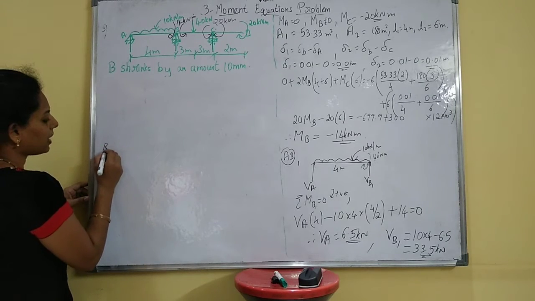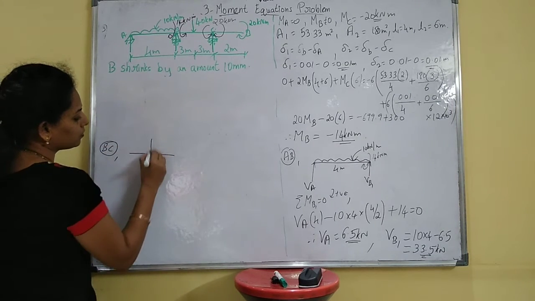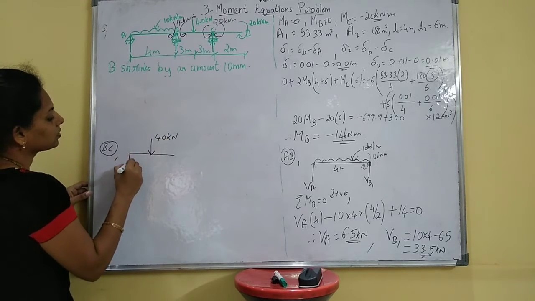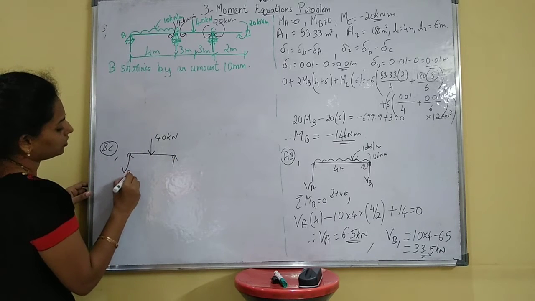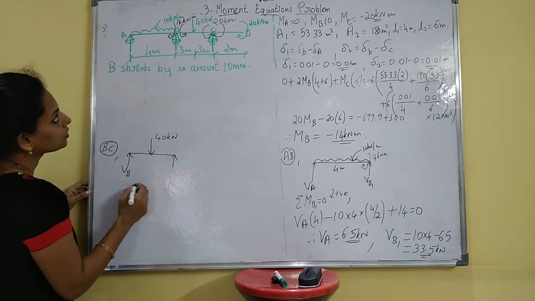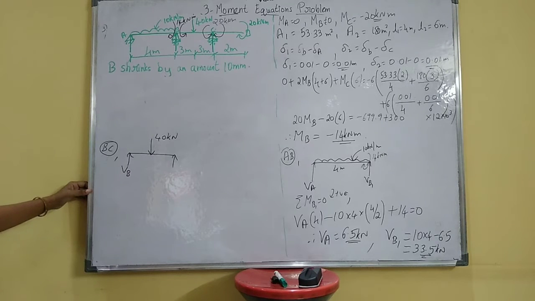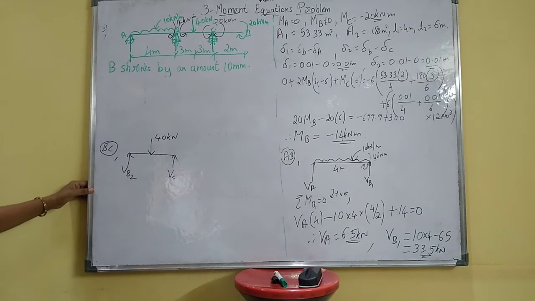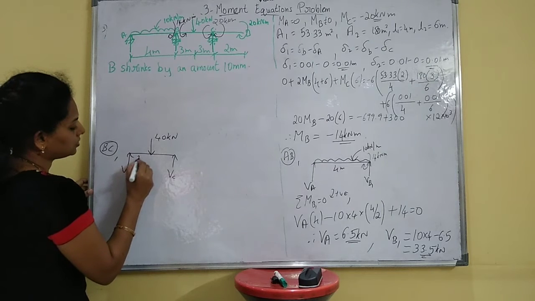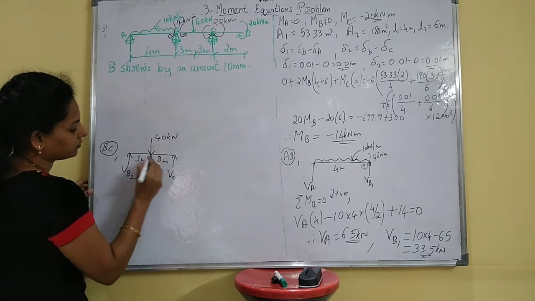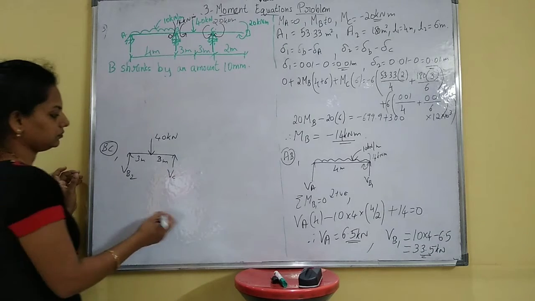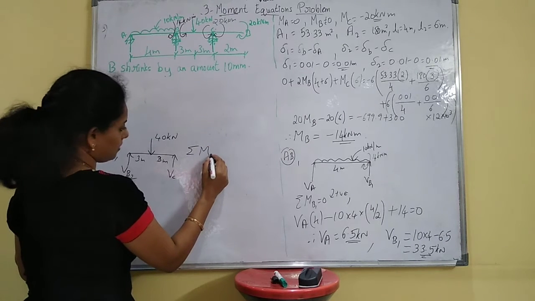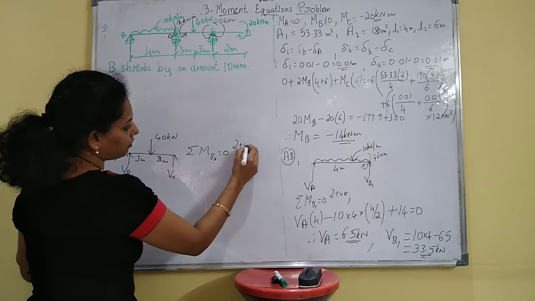Okay, next consider span BC. 40 kilonewton. So you have VB2 and VC. Directly you have VC. Distance is 3 meter. Same. Summation MB2 equal to 0, consider clockwise as positive.